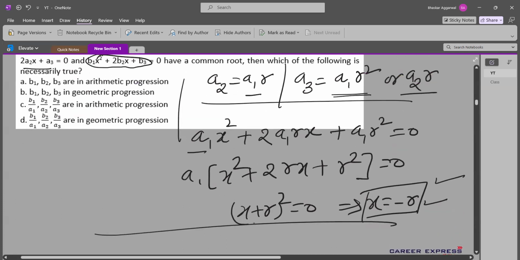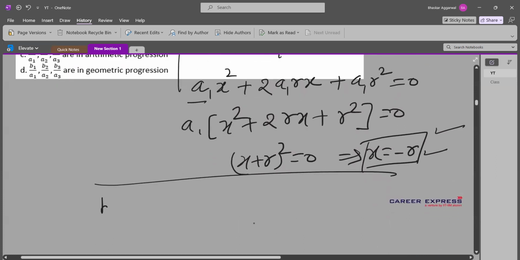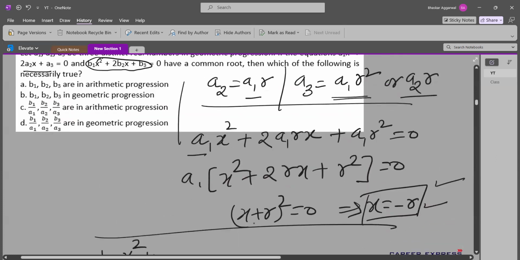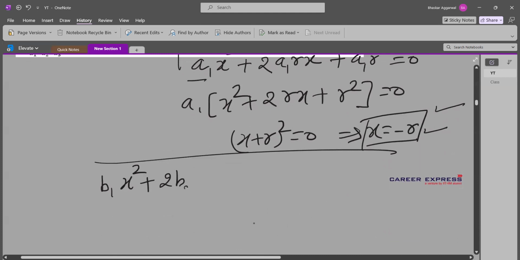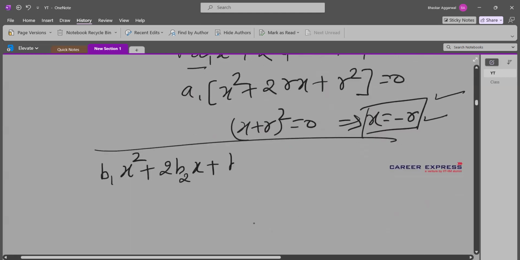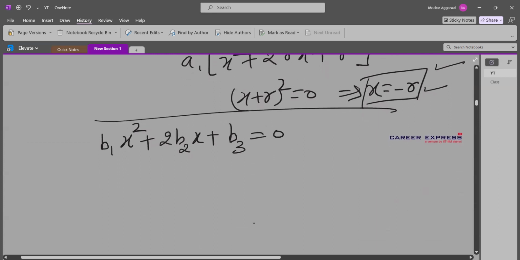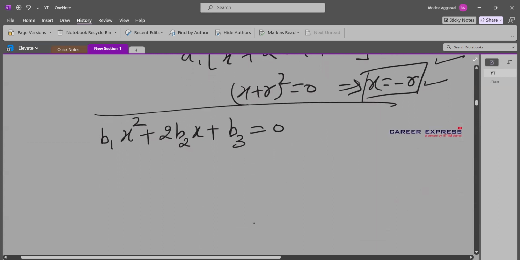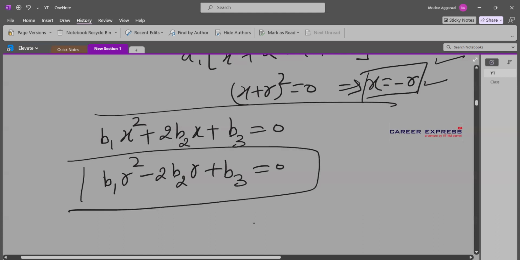So I replace x with minus r in b1x² + 2b2x + b3, and I get b1r² minus 2b2r plus b3, that is 0.